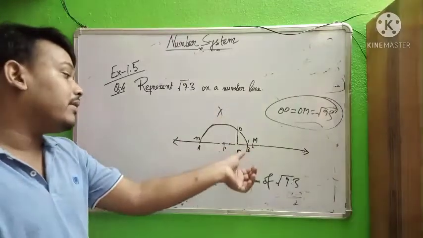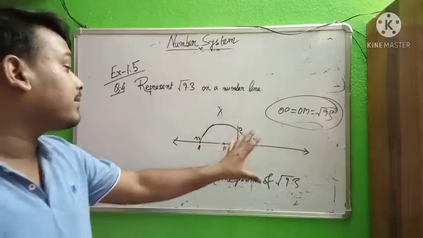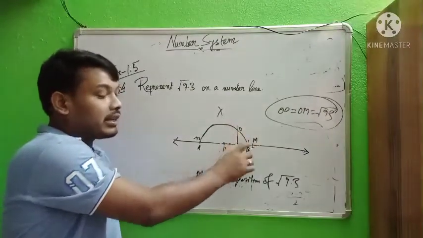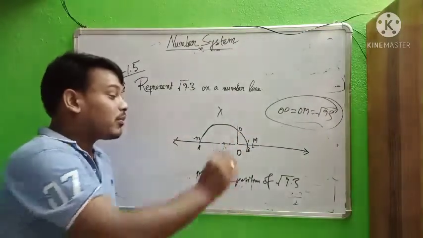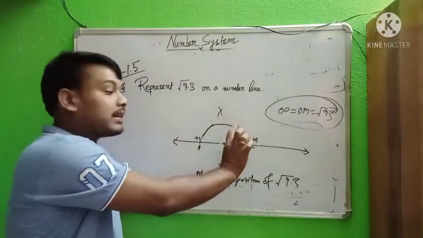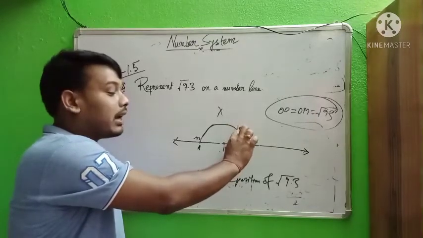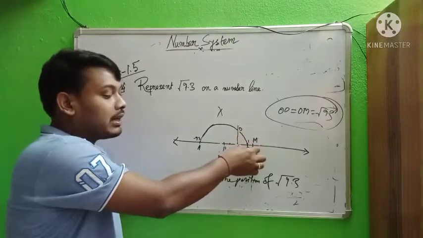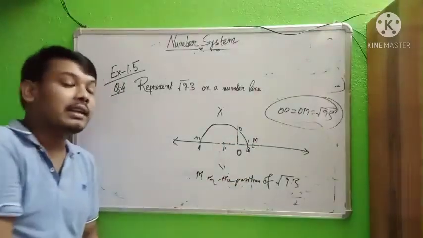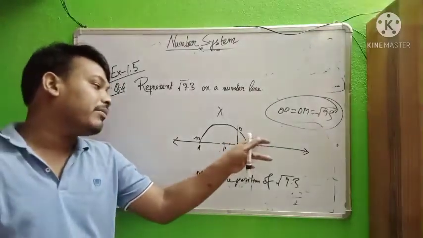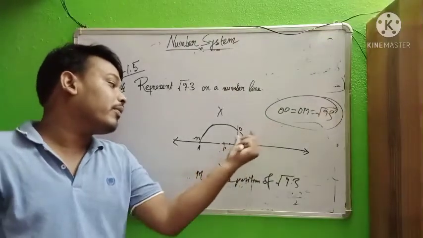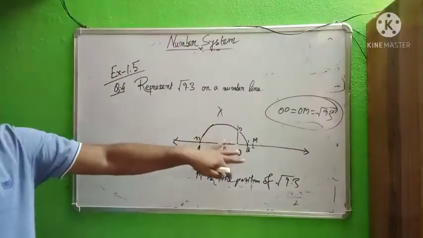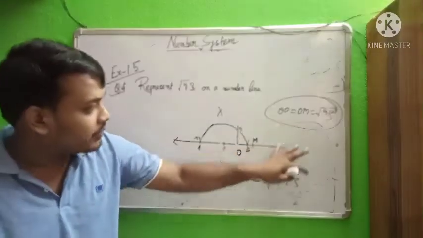Now the last step is we put this value on the number line. The best process is to put the compass here, take the length of OD and draw an arc on the number line. It will cut the number line at point M. Then OM and OD have the same value.